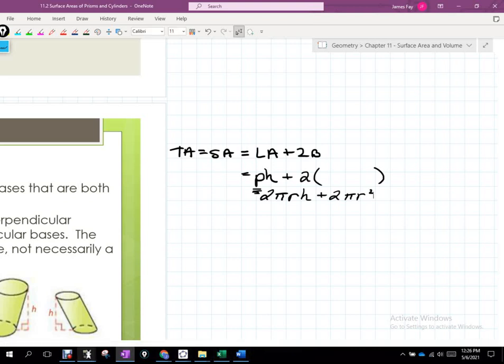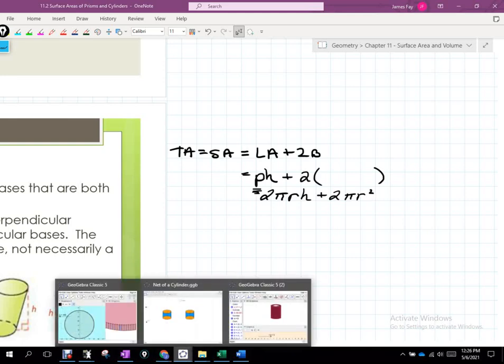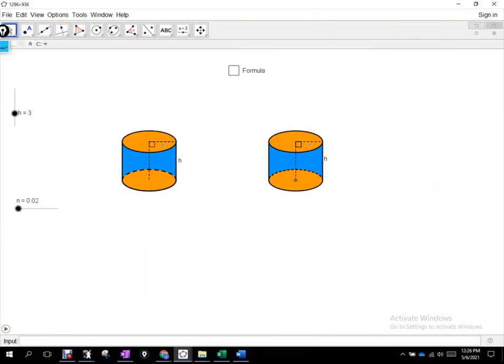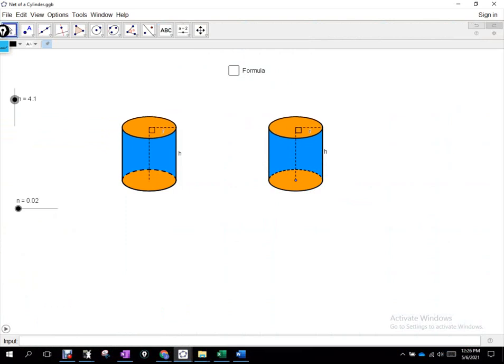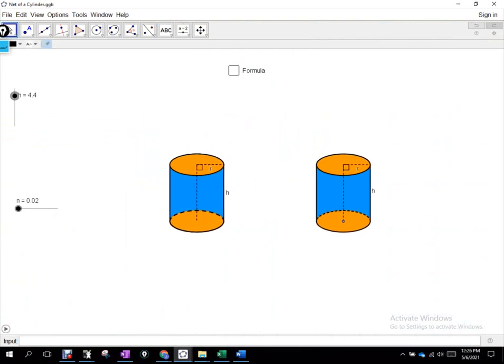Another way of visualizing this is to do something like this, okay? So I've got this cylinder over here. If I take that top off, take that bottom off, like with a can opener, right?